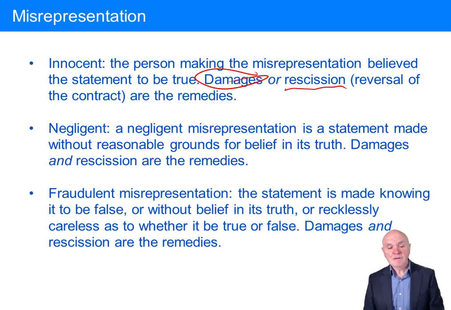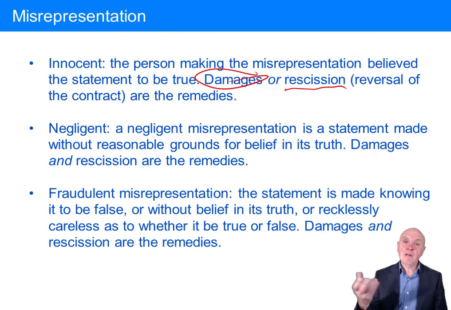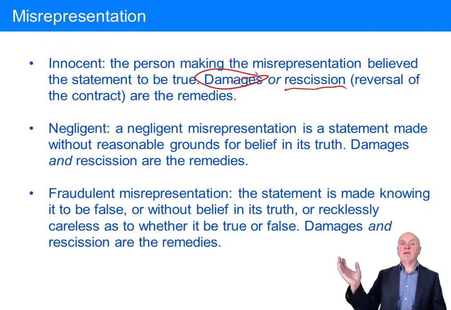A negligent misrepresentation is a statement made without reasonable grounds for belief in its truth. So let's say the person asked me how long does the safety certificate last for, and I really can't be bothered finding out. I don't really care about it really. I just say, it's 12 months, kind of off the top of my head there.